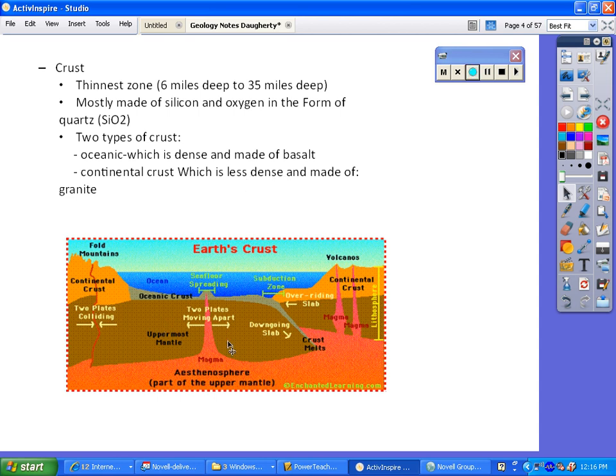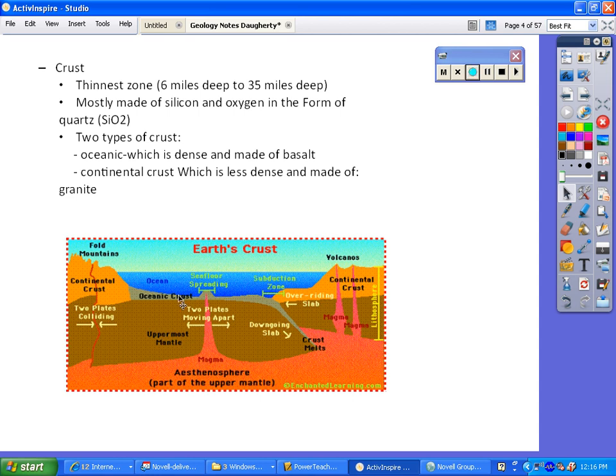We're going to be looking at a lot of pictures of the different types of plates, but here again we can kind of look at some of these layers we just talked about. So the asthenosphere is the part of the mantle that's going to have the magma. It's going to be very liquidy, very plasticky. And then the lithosphere is going to be this stuff that has the uppermost part of your mantle and the lowermost part of your crust, and it's going to be making up your plates.